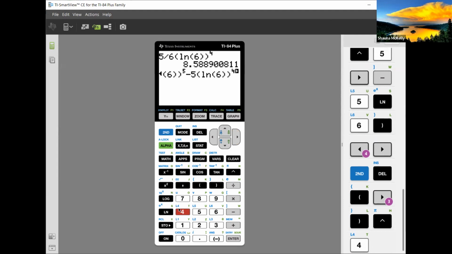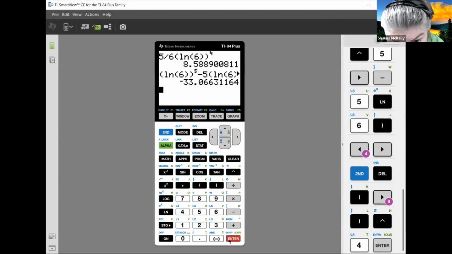And then you get negative 33 point. Now be careful, you only need 2 places. So 0.66 rounds to 0.7. Okay, negative 33.07.